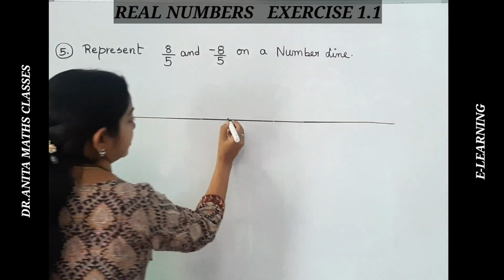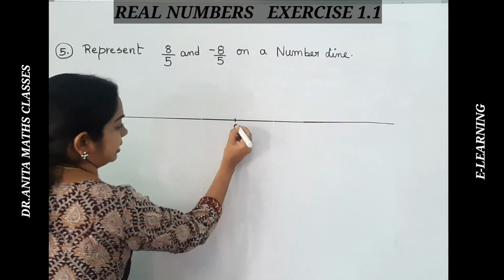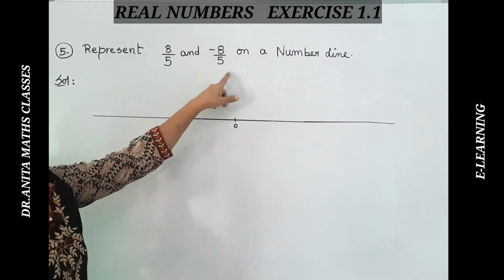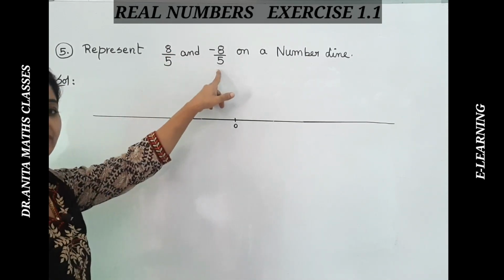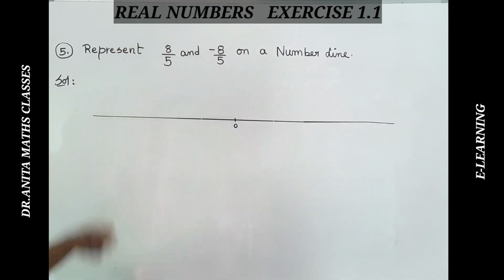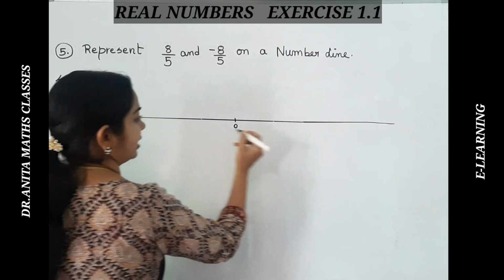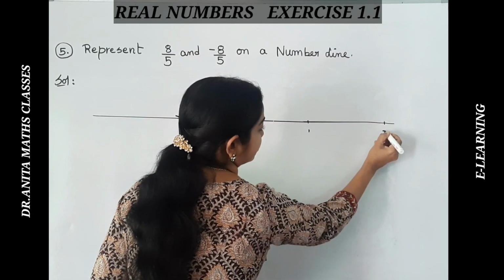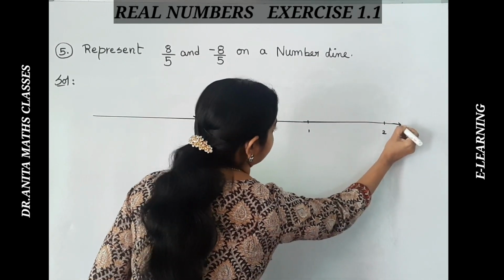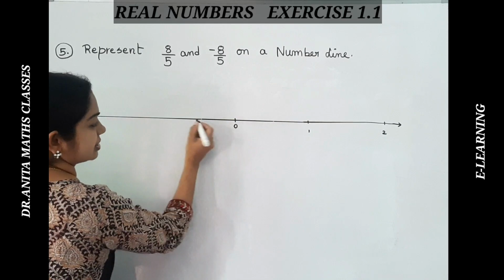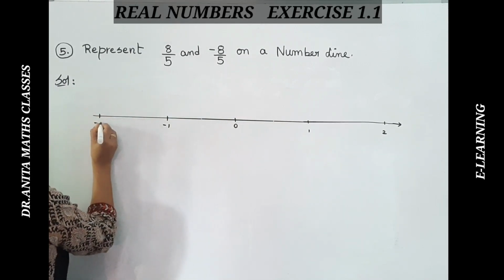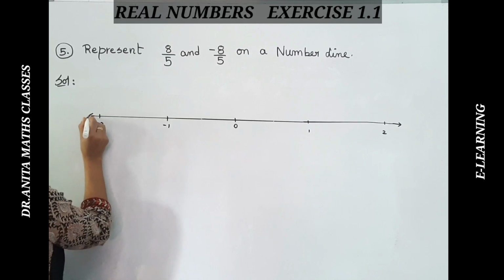Taking 0 here, these two are improper fractions, where the numerator is greater than the denominator. First let me take 1 and 2. Also you can take more than that to this side, and if you take negative numbers to this side, you can take negative numbers on the number line.